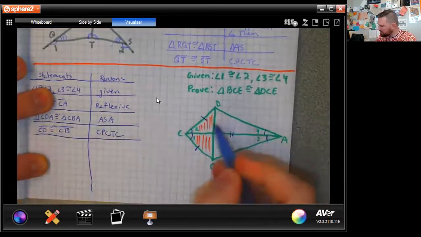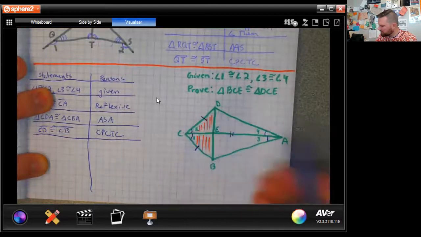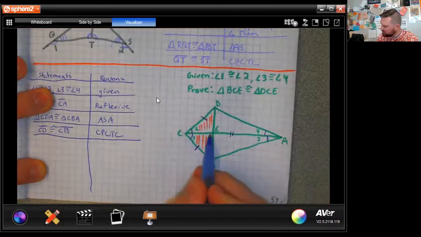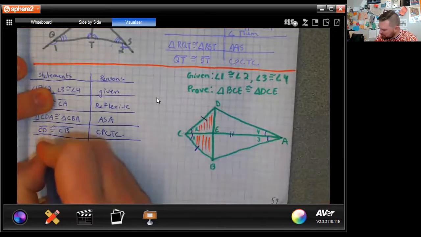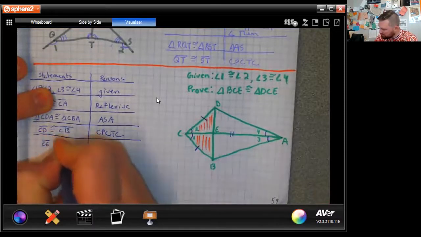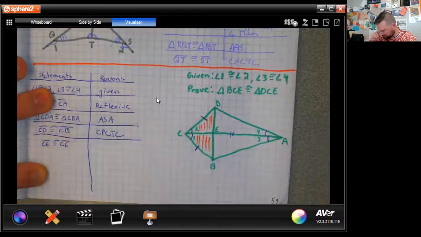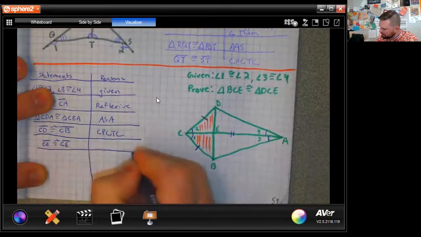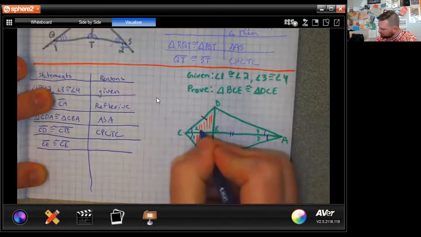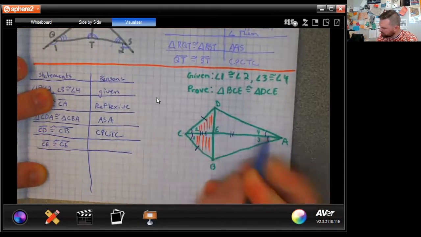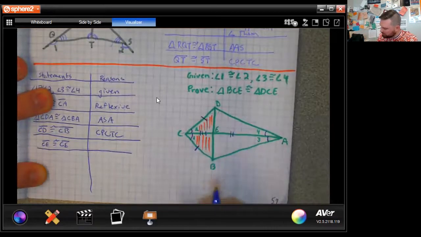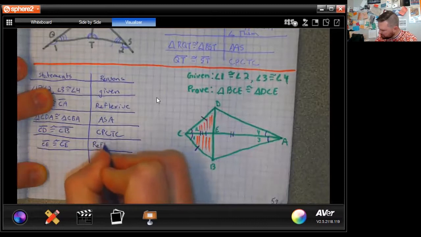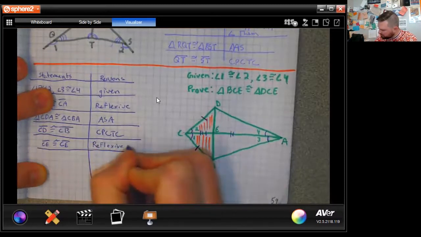Now here I've got this side, this angle. What else can I prove? Well, we said earlier that they share this side right here. So CE is congruent to CE. Put 3 lines there. Those are congruent because of the reflexive property.